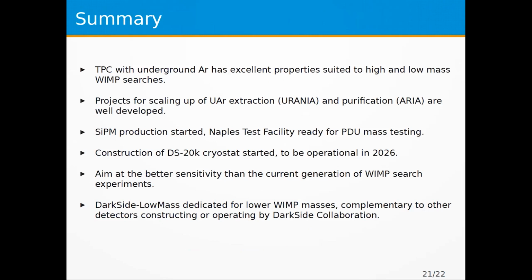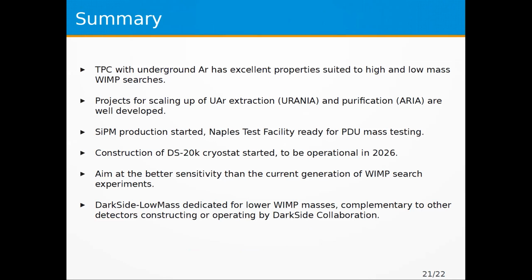Okay, so the summary: it seems like all the things are in place. The TPC is well prepared, well developed. We have surrounding projects like Urania and Aria, which are quite well developed for our purpose. We have new SiPM production and the test facility ready.